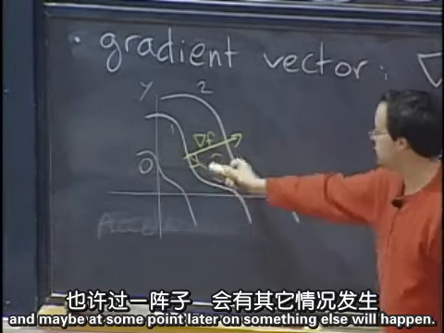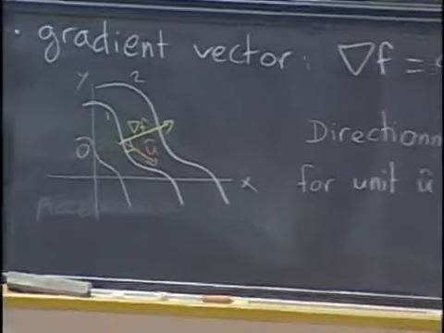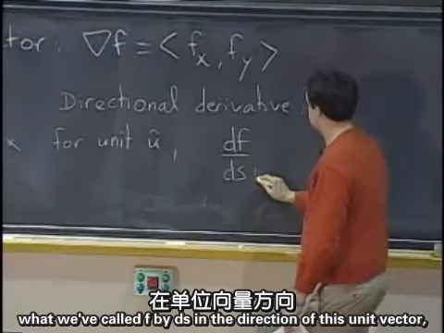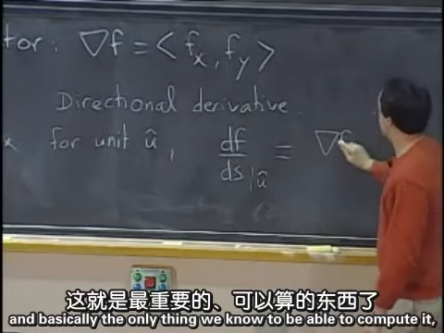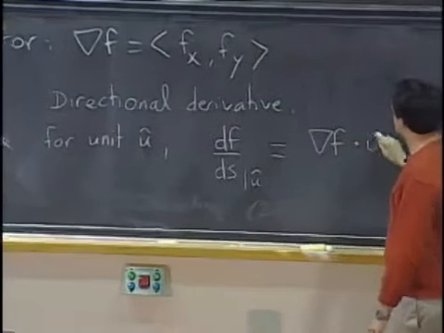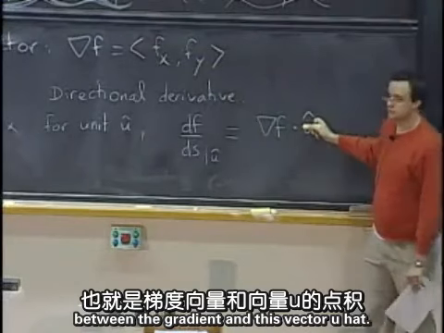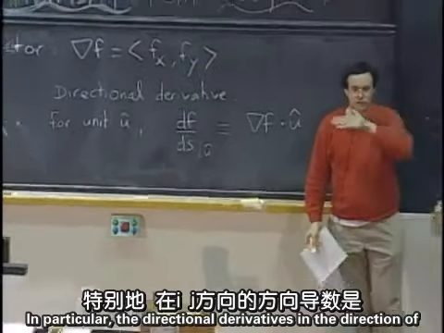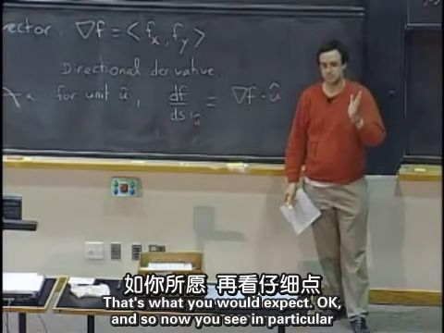And maybe at some point later on something else will happen, but at first it will increase. So the directional derivative is what we've called df/ds in the direction of this unit vector. And basically, the only thing we need to be able to compute it is that it's the dot product between the gradient and this vector u hat. In particular, the directional derivatives in the direction of i hat or j hat are just the usual partial derivatives. That's what you would expect.